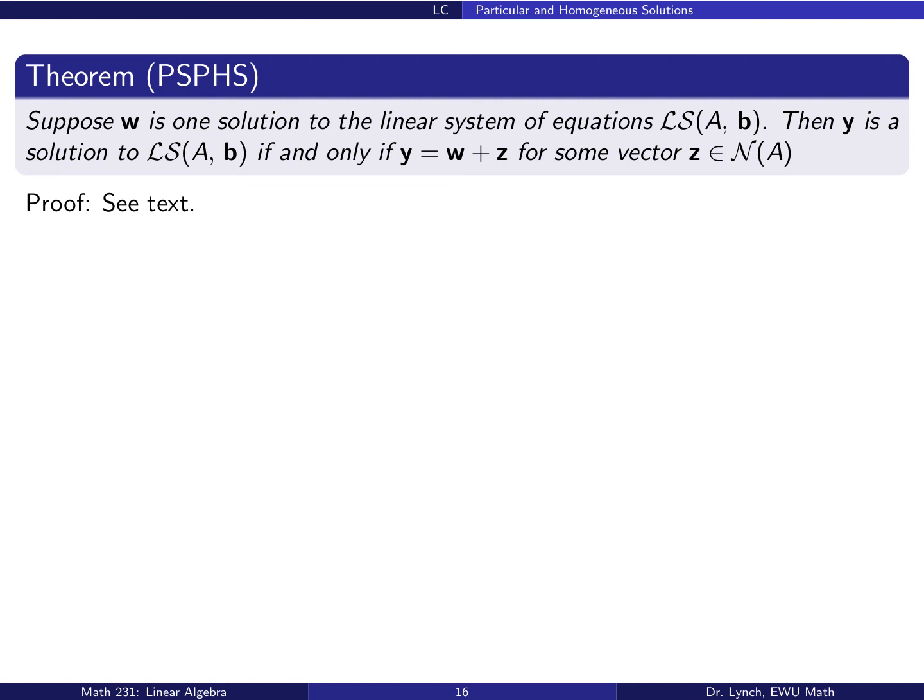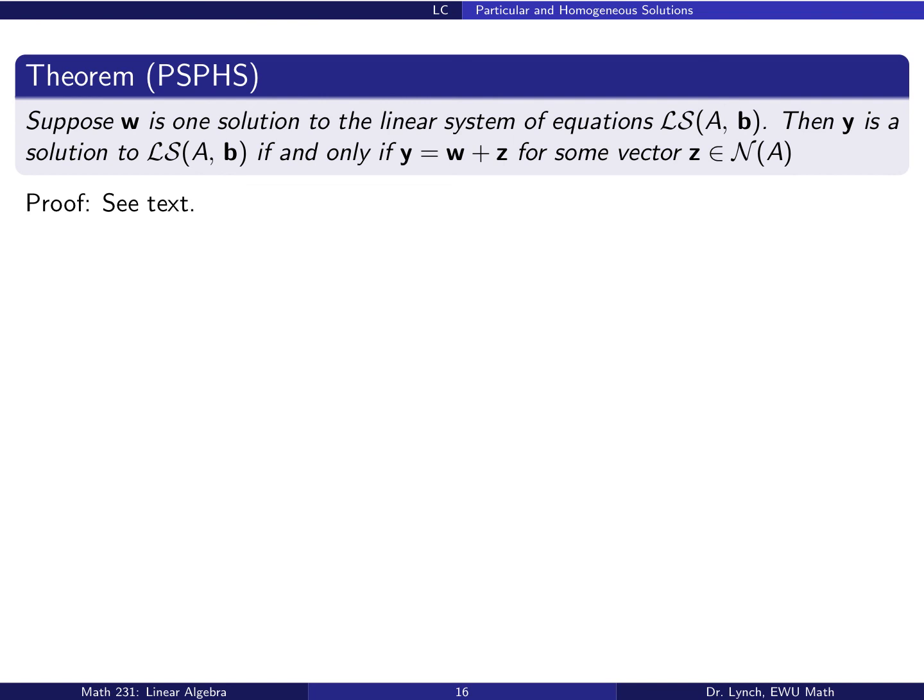If w is a solution of a linear system of equations, then y is a solution to a linear system of equations if and only if y is equal to that solution w plus some other vector z that's in the null space of the matrix A. Okay, so here again we call w a particular solution, and z is a solution to the homogeneous system of equations, right? Because elements of the null space correspond to the homogeneous solution.